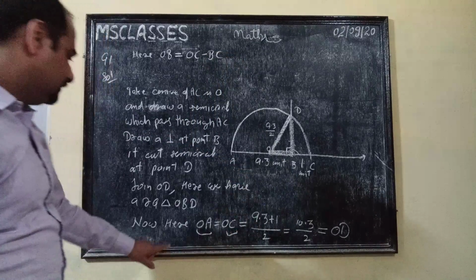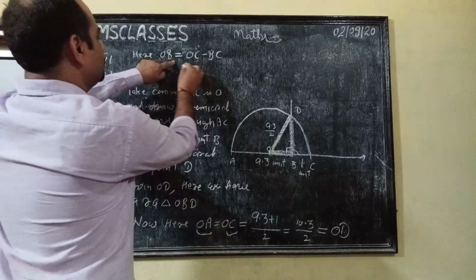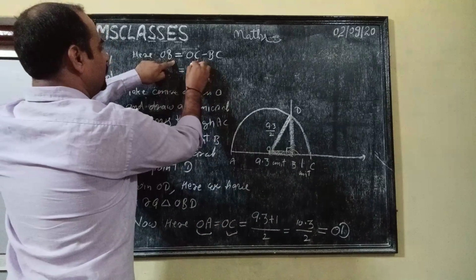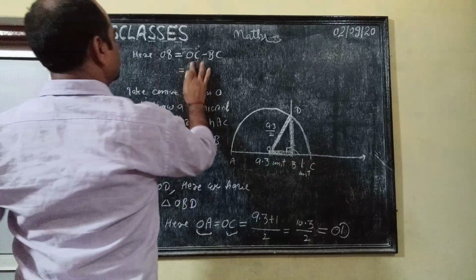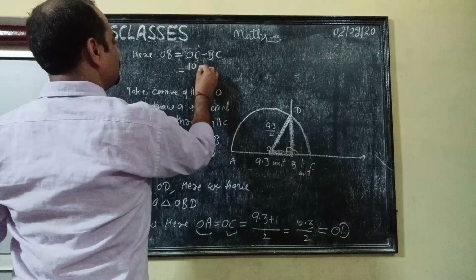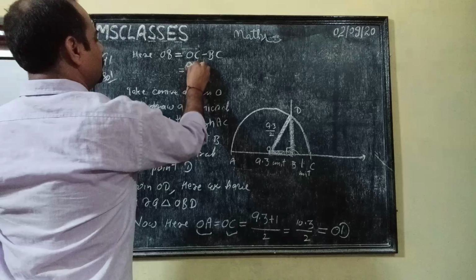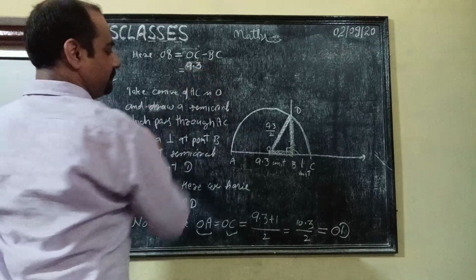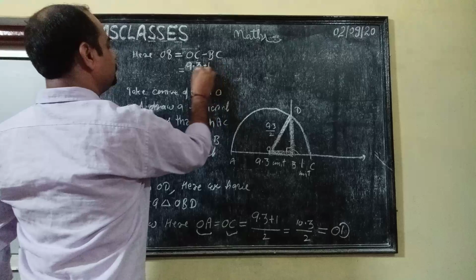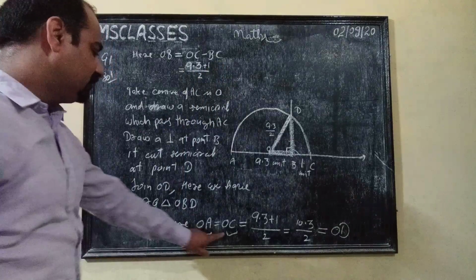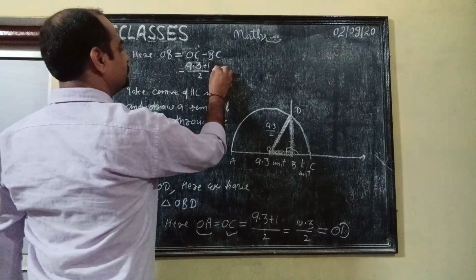OC is equal to 9.3 plus 1 over 2. This is OC, and BC is equal to 1.